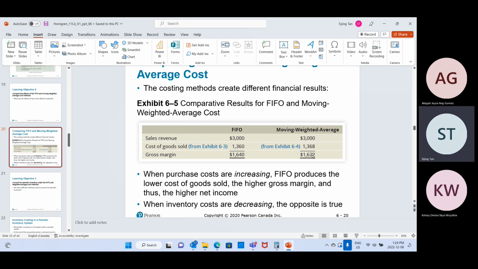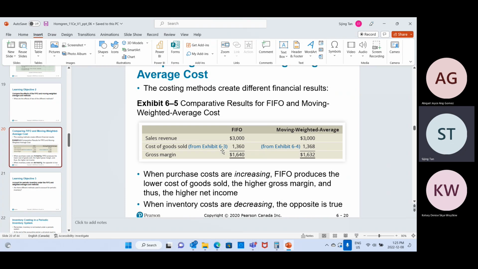Now, when inventory costs are increasing, FIFO costing produces a lower cost of goods sold. Remember, the beginning inventory is $10 per box. Then on November 5th, the first purchase is $11 per box. Then on November 15th, it goes to $12 per box, which means the inventory costs are increasing, right? So in that situation, FIFO will produce a lower cost of goods sold and higher gross margin.